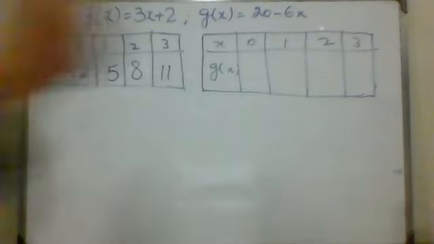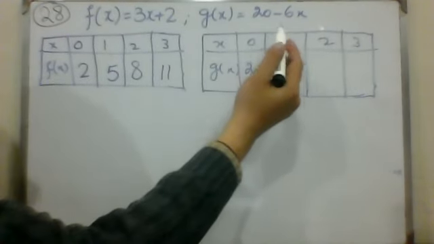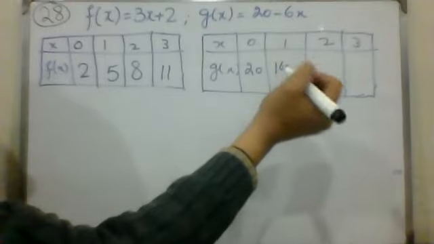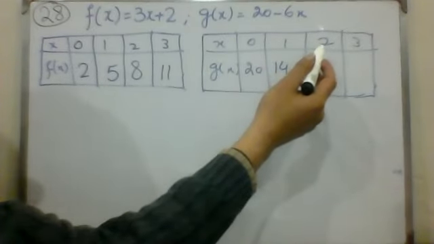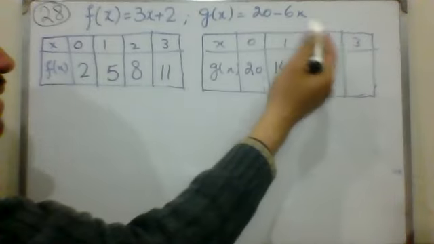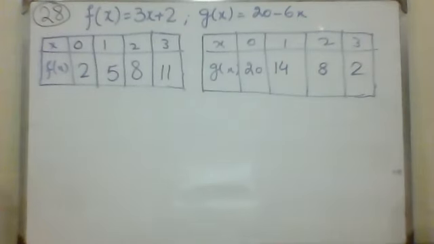First put x as 0, we get answer 20, and then put x as 1, we get answer 14. Putting the value 2, we get answer 8, and when we put 3, 3 sixes are 18, we get answer 2. So those are our values. Now sketch that graph.